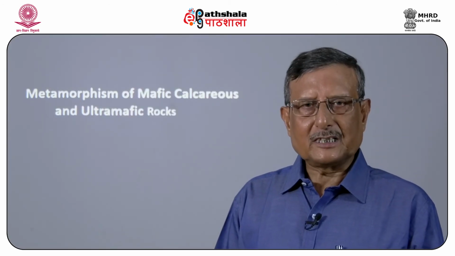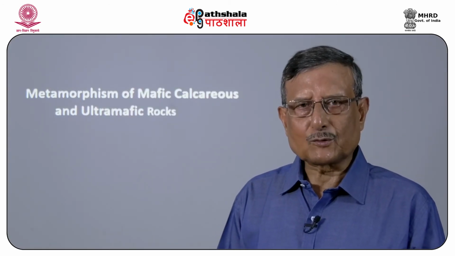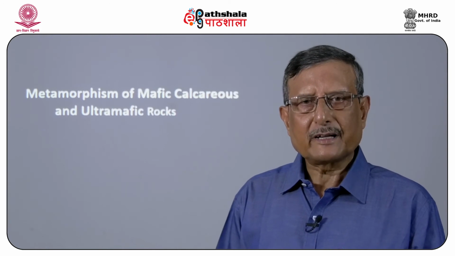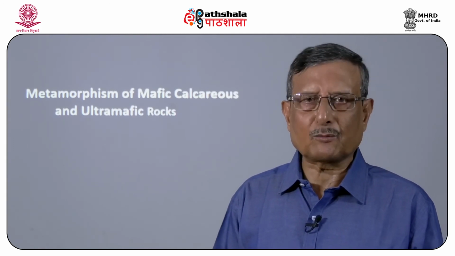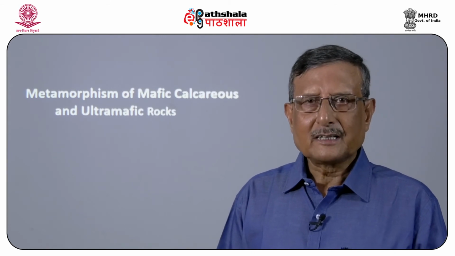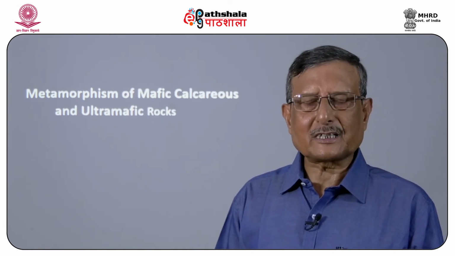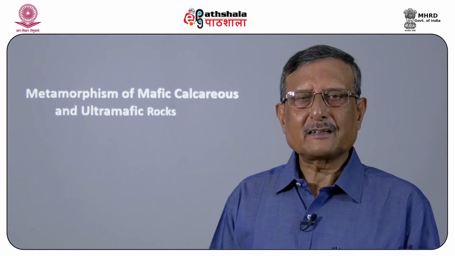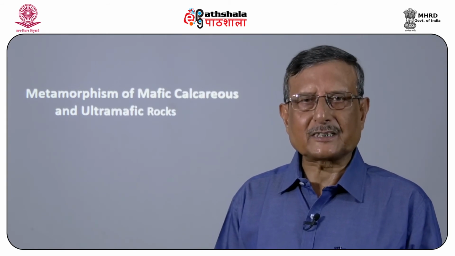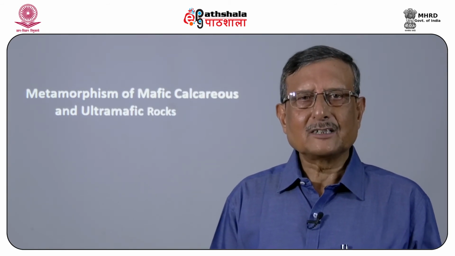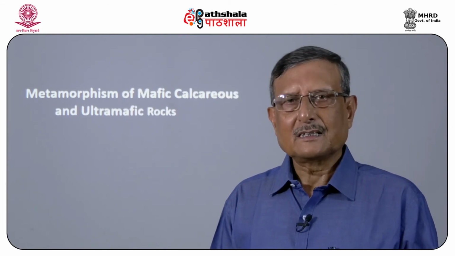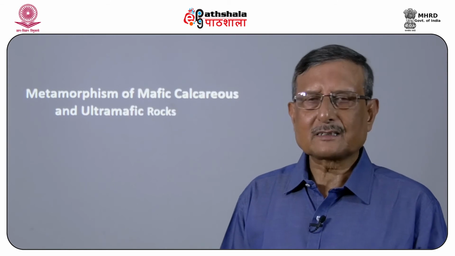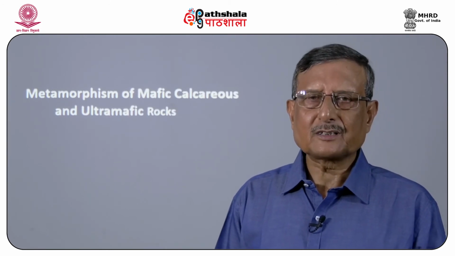This system CaO, MgO, SiO2, CO2, H2O actually represents an impure siliceous dolomite in nature. If I metamorphose these rocks in the greenschist facies, we usually get minerals like talc, tremolite, calcite, dolomite, sometimes quartz.